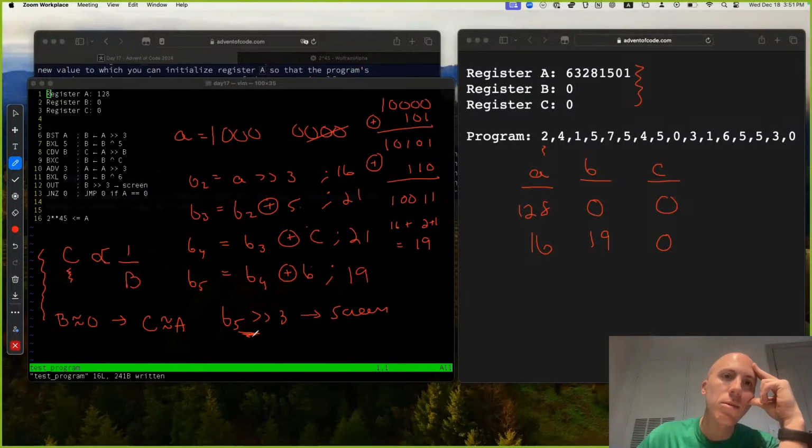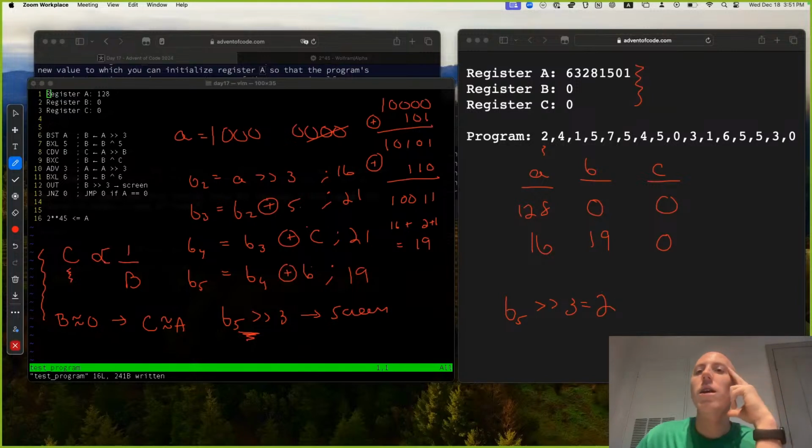So from this last step here. In order for this very last step to be 2, it has to be the fact that B5 shifted over by 3 is equal to 2. So basically we need B5 to be equal to, well, we have 1, 2, and then whatever values we need here, 1, 2, 3, these can be any values whatsoever.